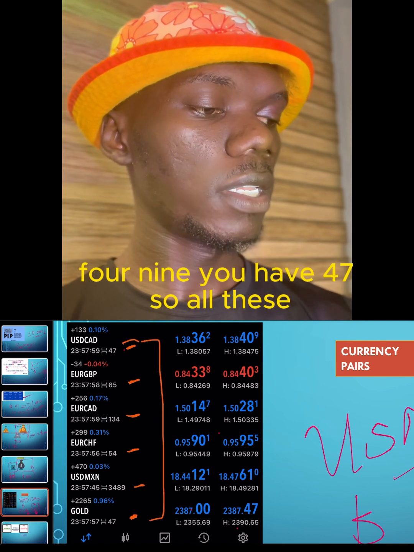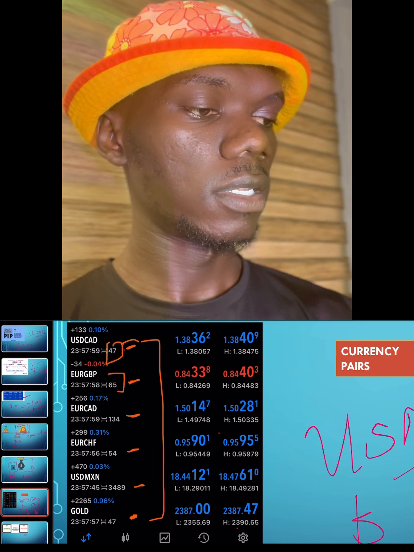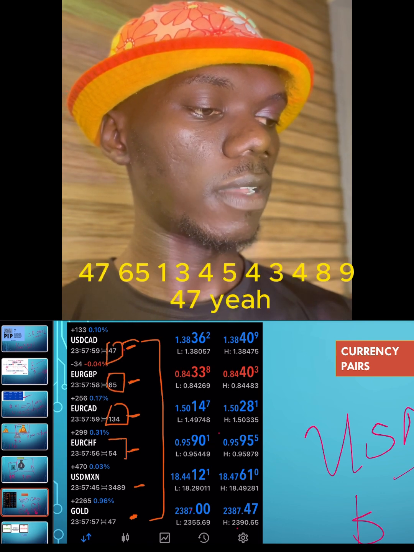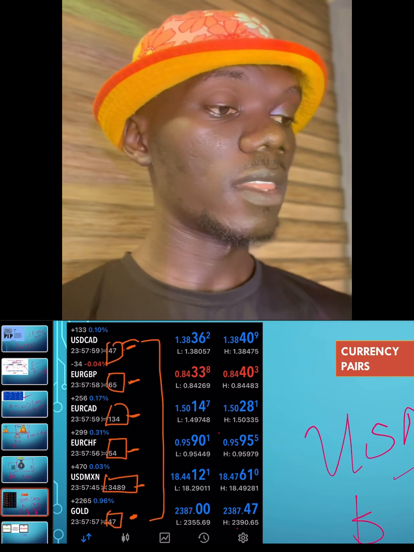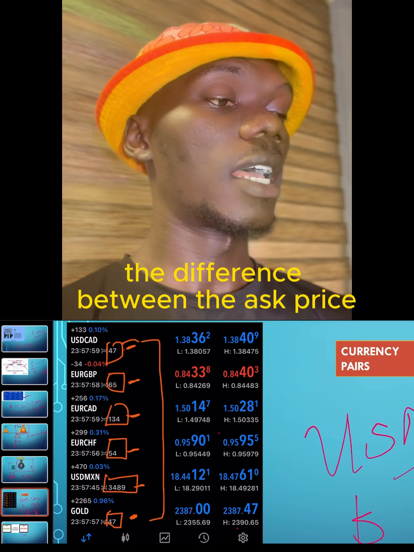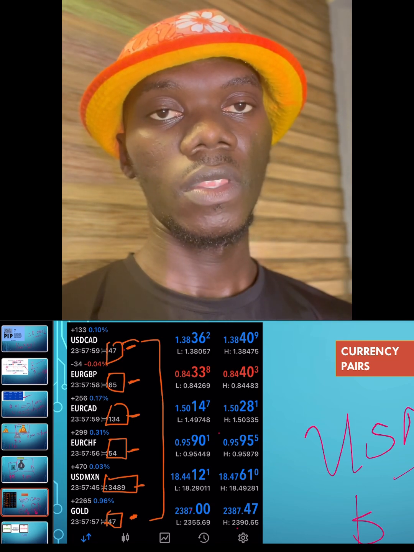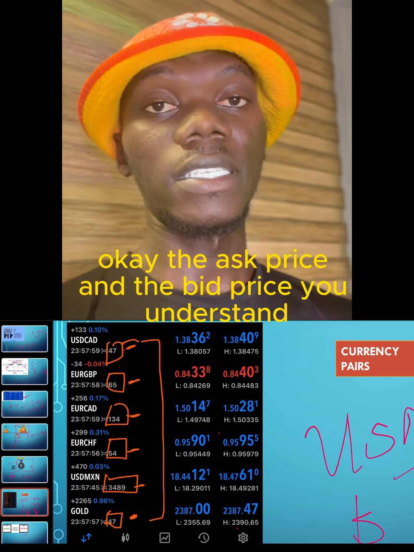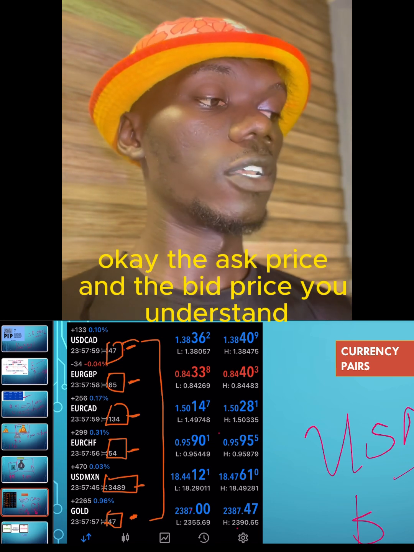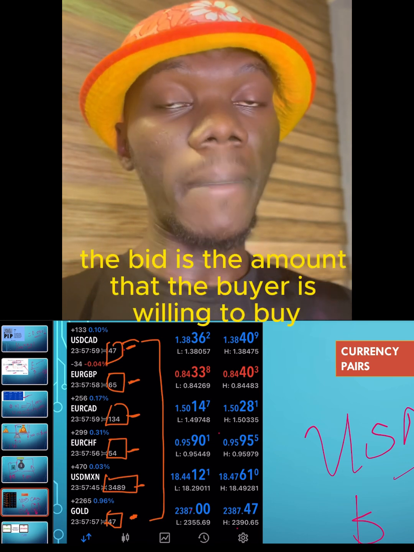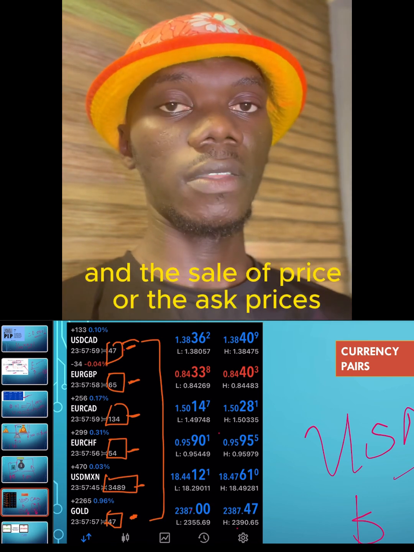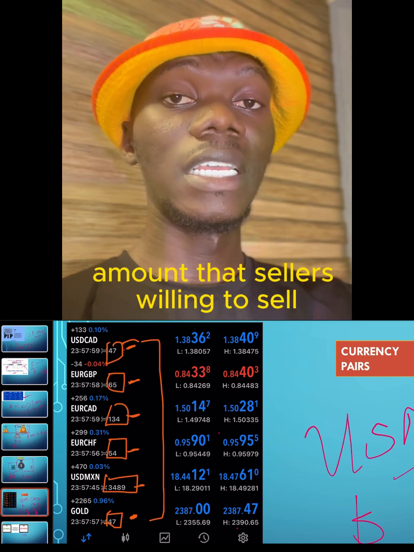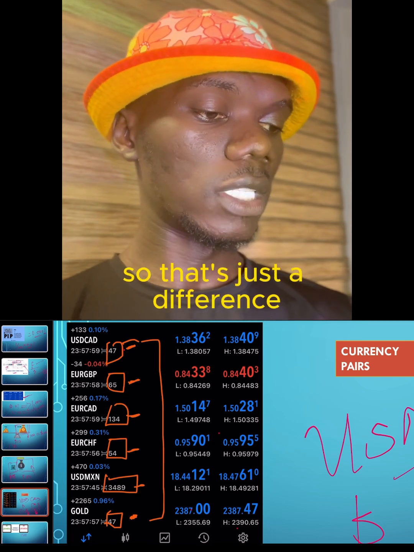So all these are the difference between the ask price and the bid price. You understand? The bid is the amount that the buyer is willing to buy, and the sell price or the ask price is the amount that the seller is willing to sell. So that's just the difference.